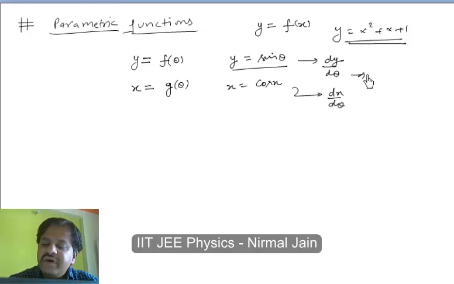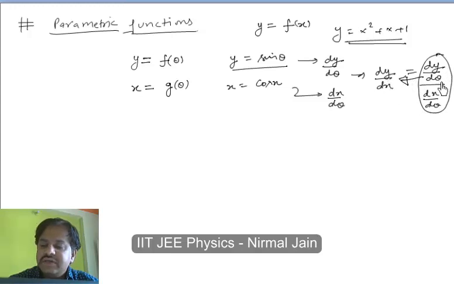So if we have to find dy/dx, we divide dy/dtheta by dx/dtheta, and this quantity gives the differentiation of y with respect to x. That's very simple. We differentiate y with respect to theta and x with respect to theta, then divide the two.